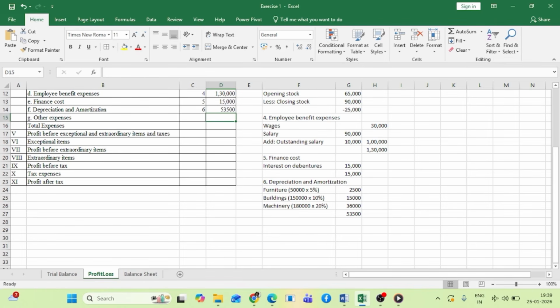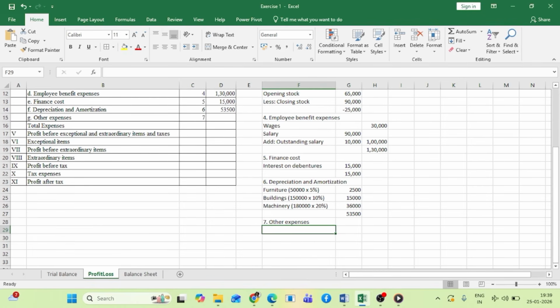Now it is your other expenses. What is the total of your other expenses? You need to see the trial balance, apart from all the expenses that you have covered above. Is there any other expense?